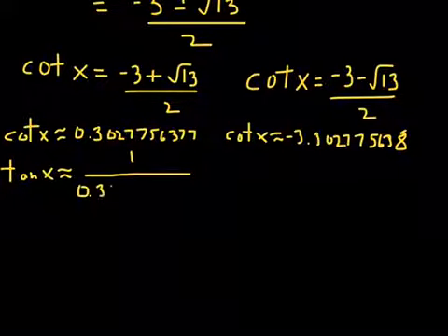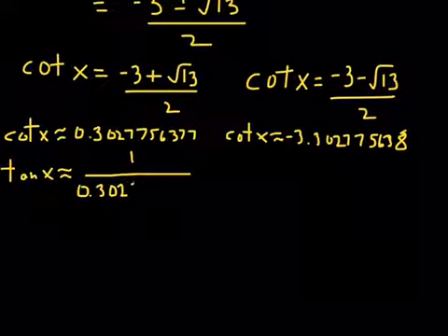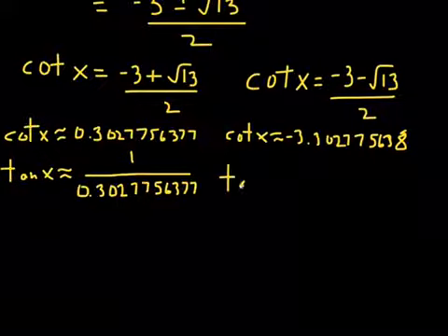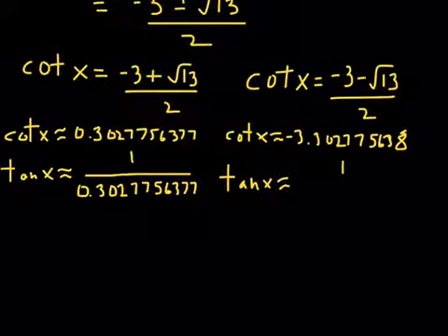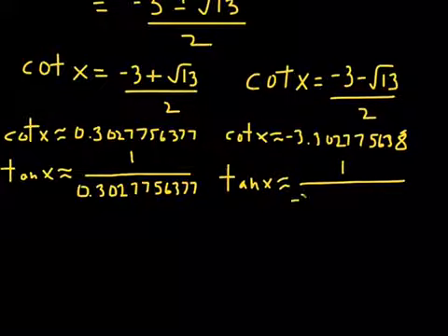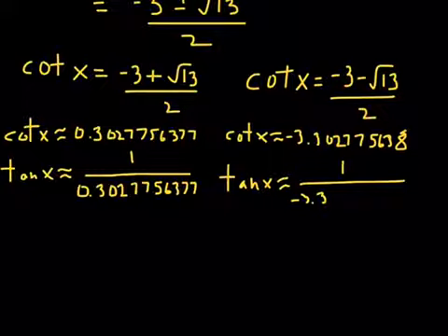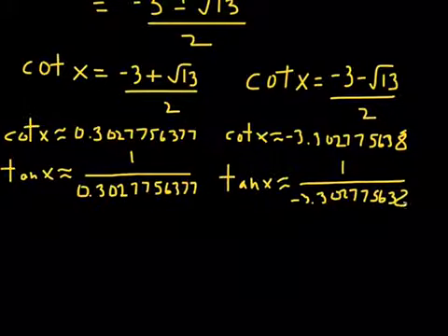And that's using a reciprocal identity. Likewise, tangent of x would then be approximately equal to the reciprocal of this number, which is negative 3.30277564. Make sure to say that number out loud because my writing is really poor here.